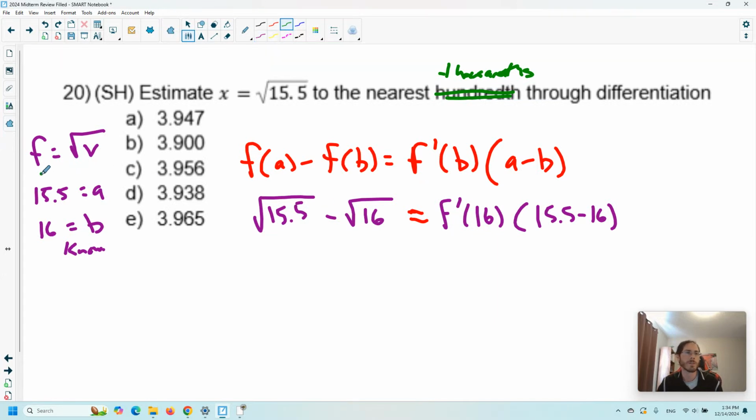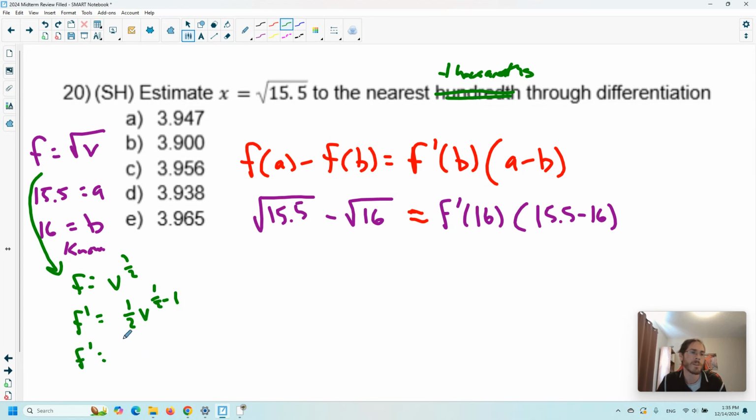So that means we need a derivative. If we take the derivative of square root of v with respect to v, f is equal to v to the 1/2 power. So this is a nice power rule. It's good that somebody did a square root power rule just to review that. So f prime is going to be 1/2 v to the 1/2 minus 1.